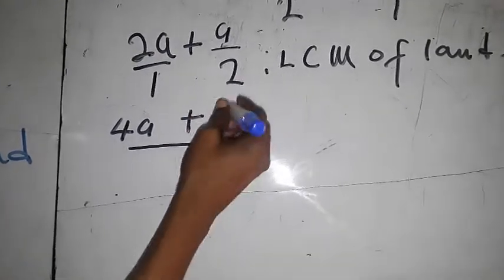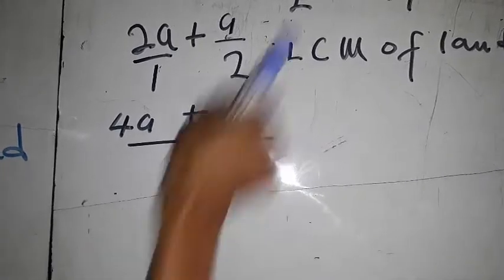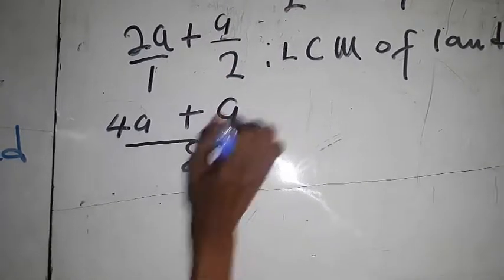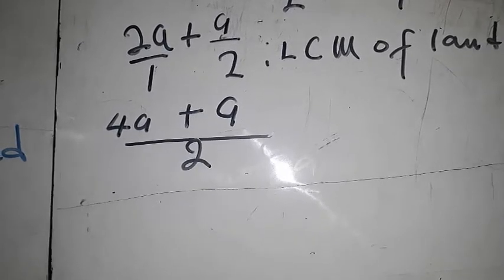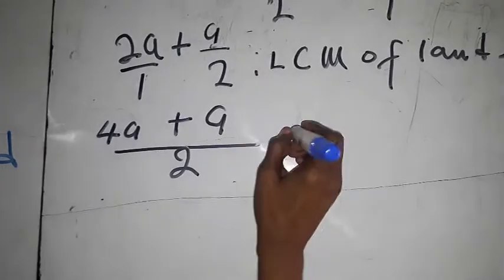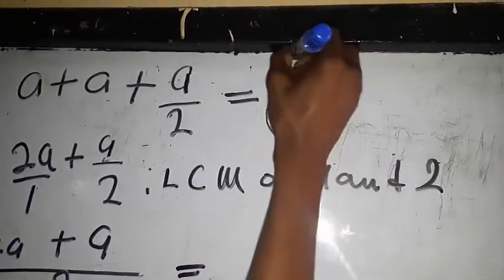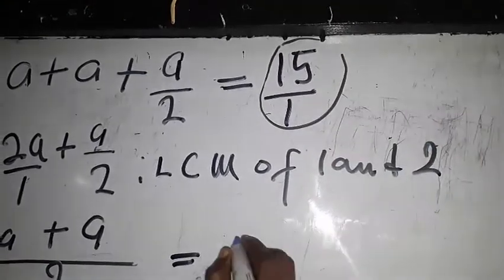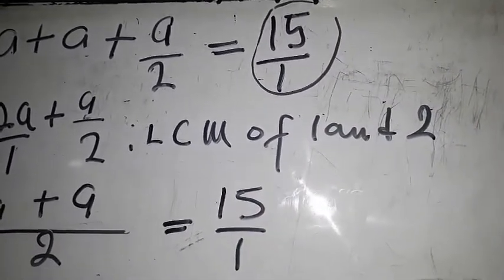So 2 into 2 is 1. 1 times a is a. Wow, that is that. So we have now reached that equation. So we are going to bring down the whole of this. We are taking it back here, so to continue with our equation.